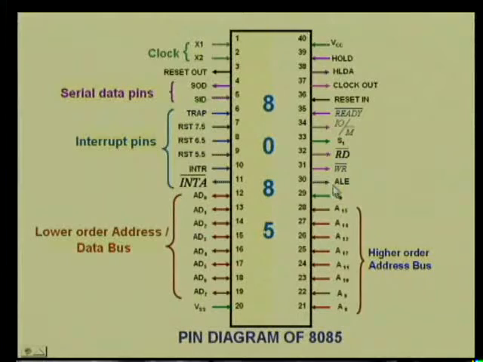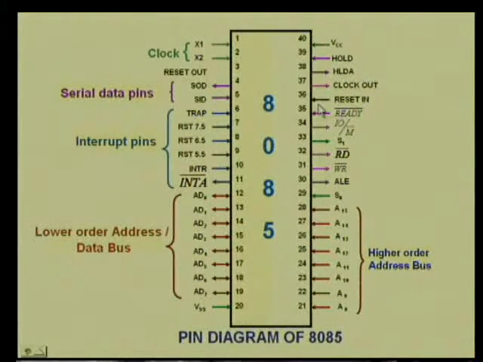This is the address latch enable pin, which is used to demultiplex the multiplexed address/data bus. Now S1 and S0, these two are status pins, and IO/M bar, read bar, write bar are control signals. By using all these 5, control signals can be generated for different machine operations, which we can see later.